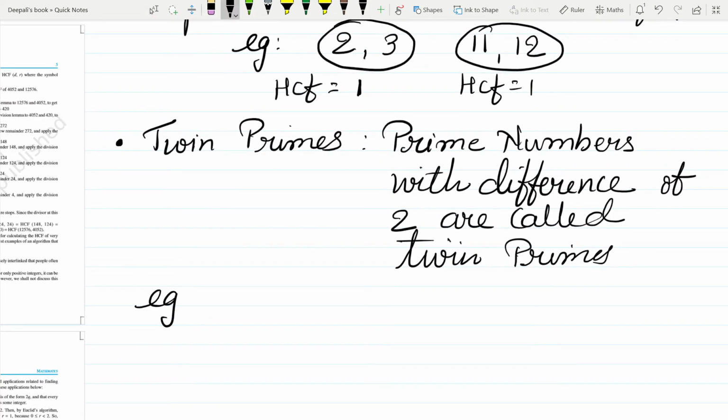Example, the prime numbers 5 and 7. If I subtract 7 minus 5, I get 2. So these are called twin primes.